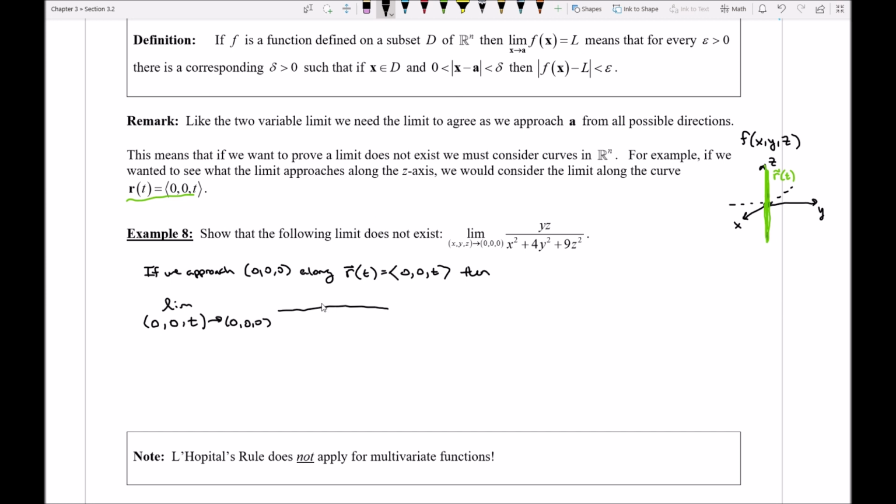Well, notice here that I'm going to get 0 times t in the numerator, and then I'm going to get 0 squared plus 4 times 0 squared plus 9 times t squared. But ultimately, this is just a limit with a single variable t of 0 over 9t squared. Okay, so this is 0.